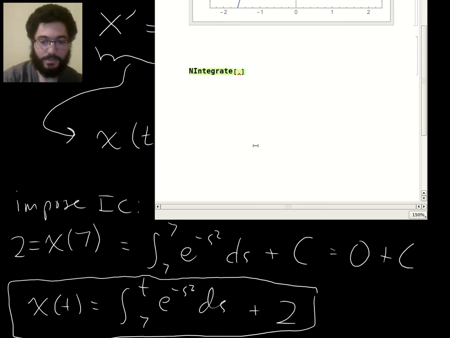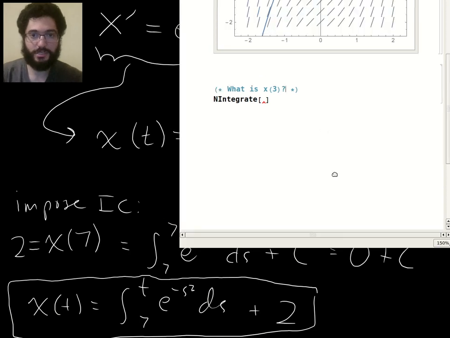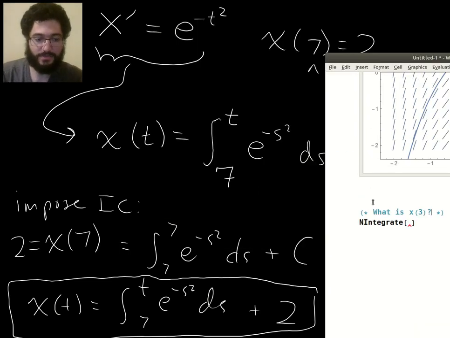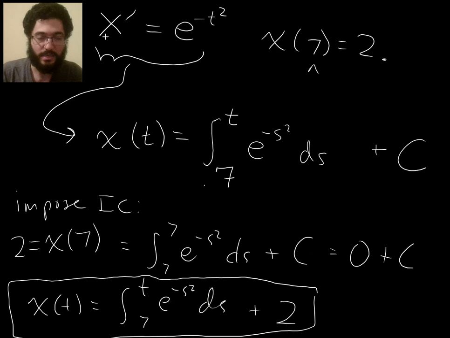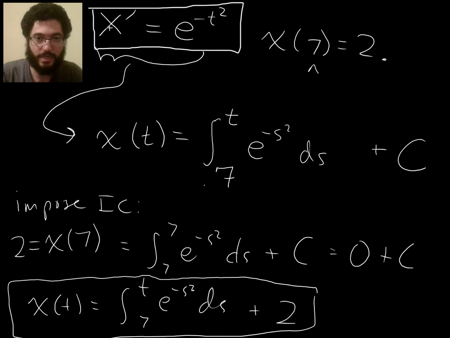So let me pose a specific question. What is x of 3? Let's make a kind of prediction. x here is the state of some system we're interested in, and we're told that our system evolves according to this law, that its rate of change, x prime, is always this.